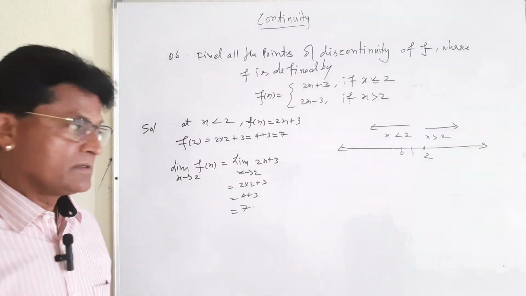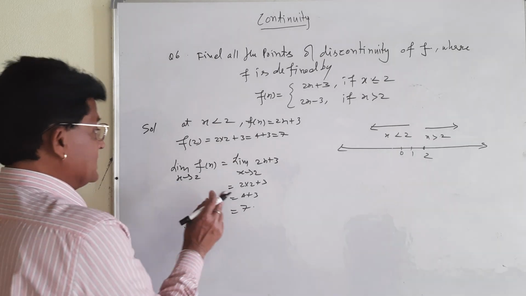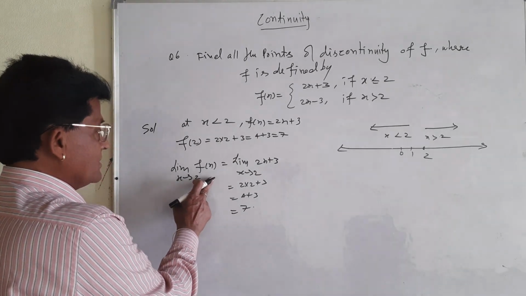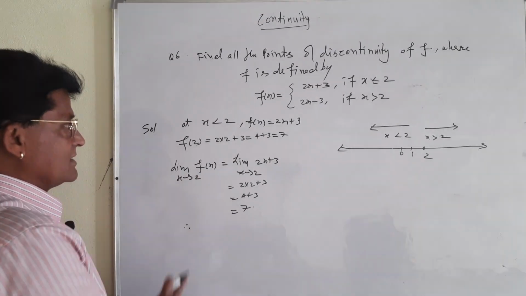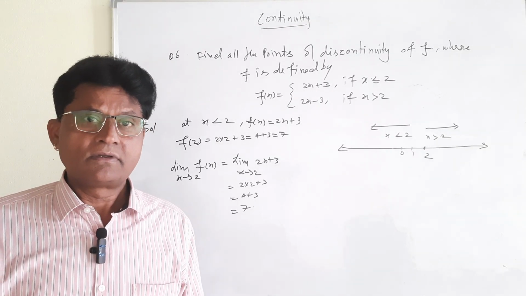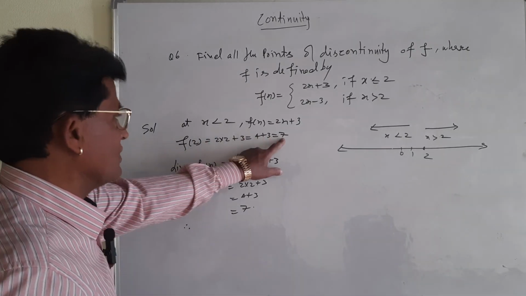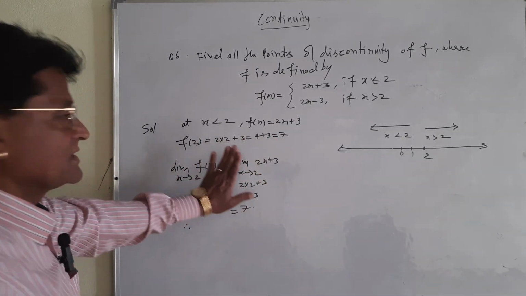Try to understand. Suppose f(2) is equal to 7 and this is also 7. The function is continuous.